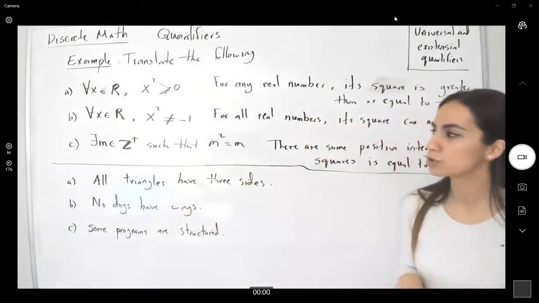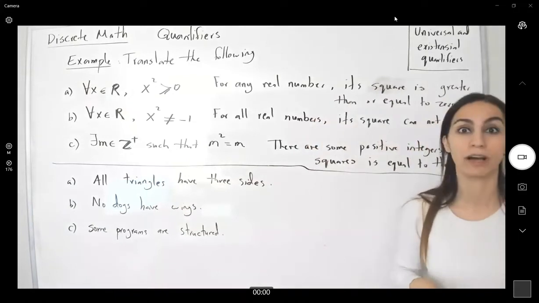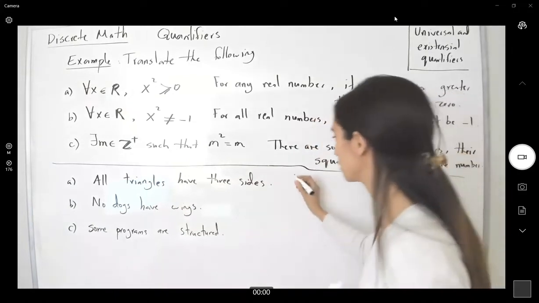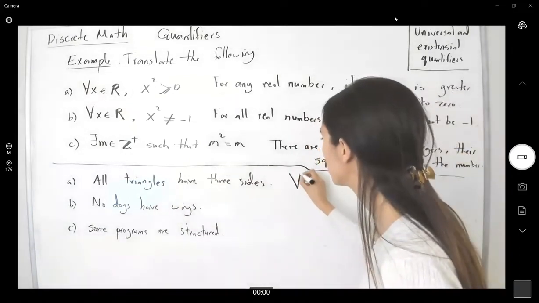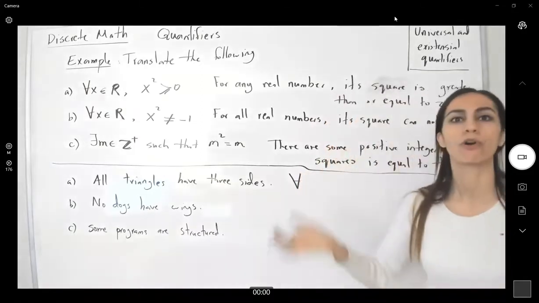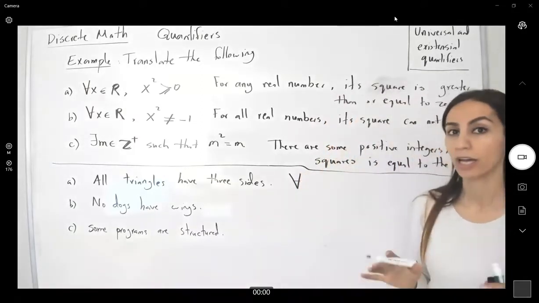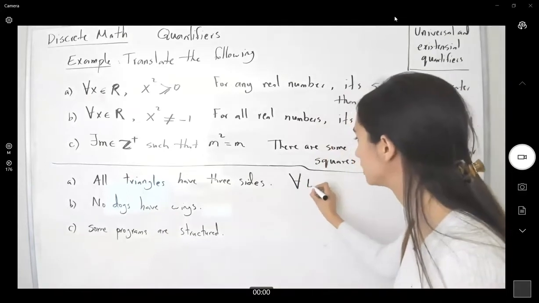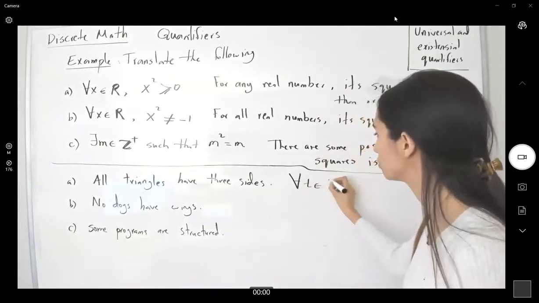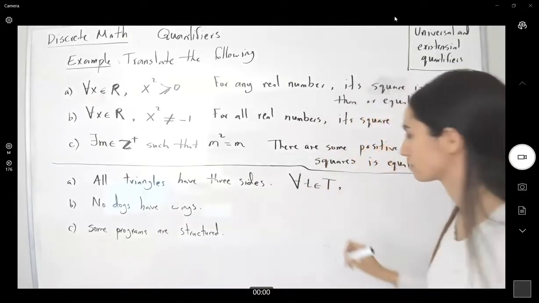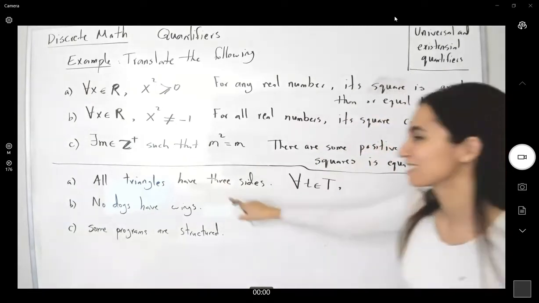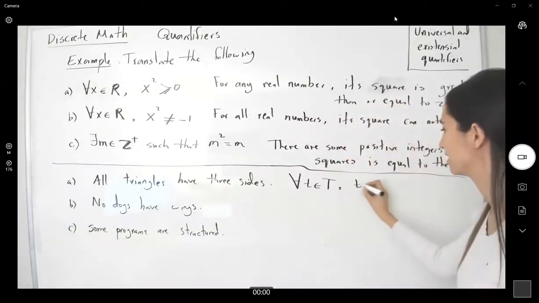So you can take the domain to be the set of all triangles like T. You can say that for all triangles T belonging to domain T, T has 3 sides.